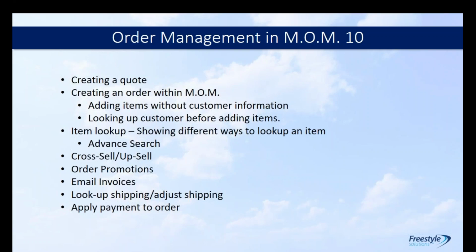We do have an item lookup where you can see different ways to look up an item, with one of them being an advanced search functionality. We do have cross-sell and upsell capabilities here, as well as order promotions. You can email out your invoices to customers or to your B2B clients. And then you can go ahead and quickly look up and adjust shipping and apply a payment to order.